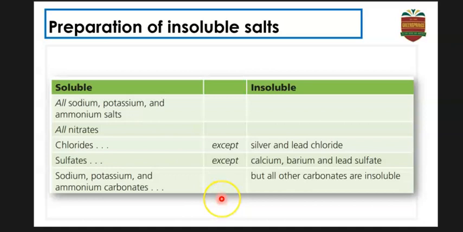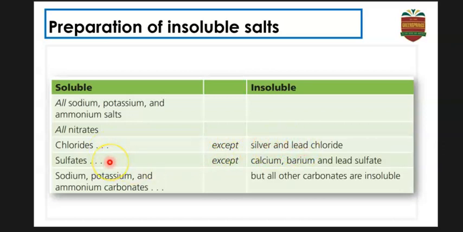I want you to read alongside. Just read after me. Everybody, let's read together. Soluble salts. Okay. All sodium, potassium, and ammonium salts are soluble. All nitrates are soluble. All chlorides are soluble except silver and lead chloride.